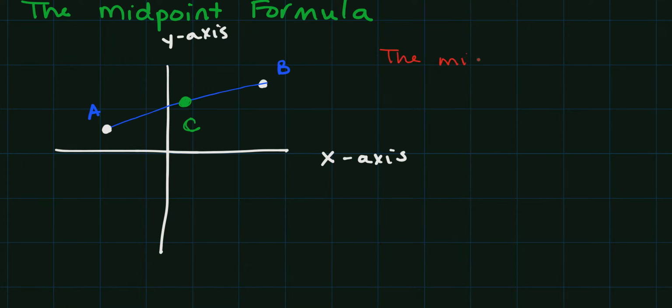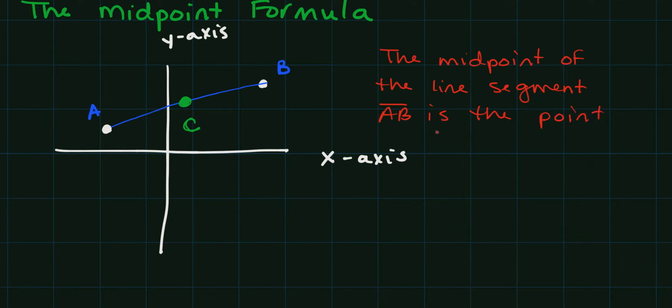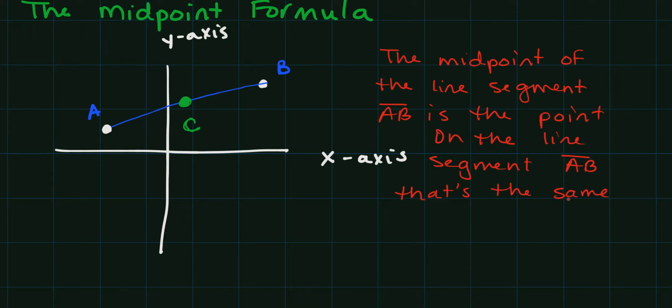So the midpoint of the line segment AB, so this just means the line from A to B, is the point on the line segment that's the same distance from A as B. How should I phrase that?